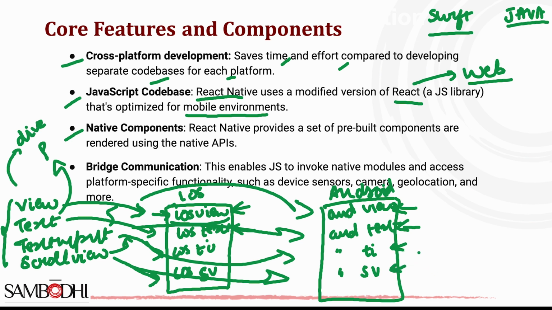That's how these React Native applications feel like native applications, because they are not using their own components. They are using the platform-specific components only. Whatever native components are available, they are using those only. So they feel like native applications.